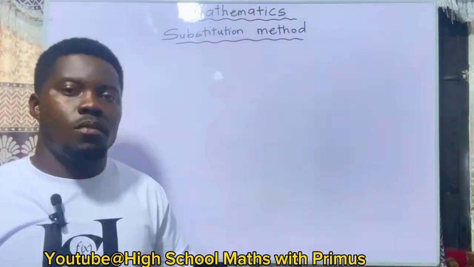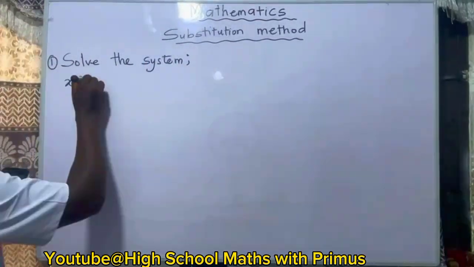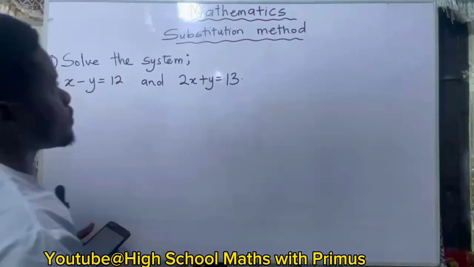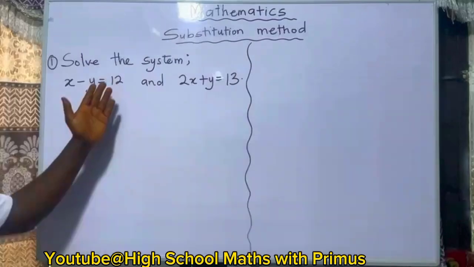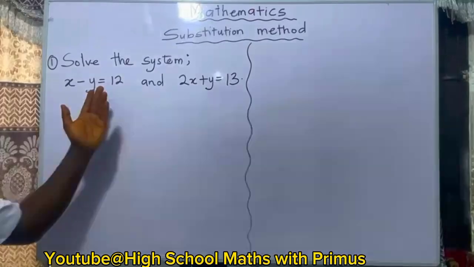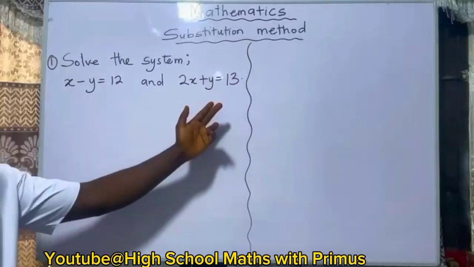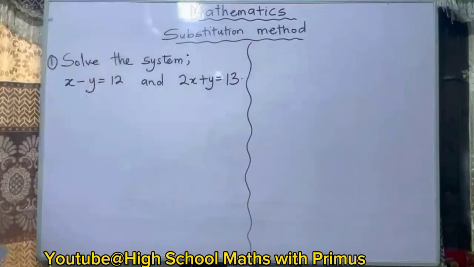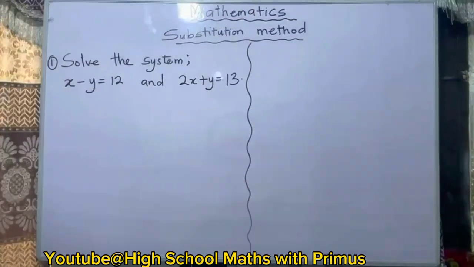Let's take an example. Now we have to solve the system x minus y is equal to 12 and 2x plus y is equal to 13. Apparently, we are using the substitution method because that's what we are focusing on right now.